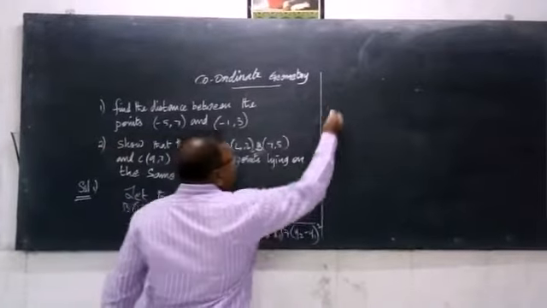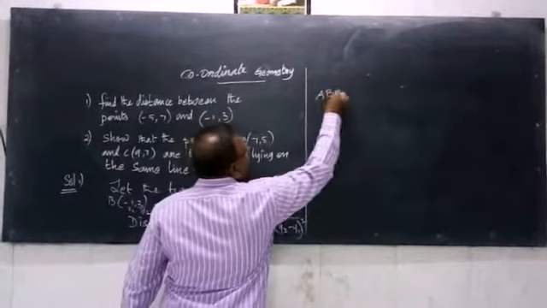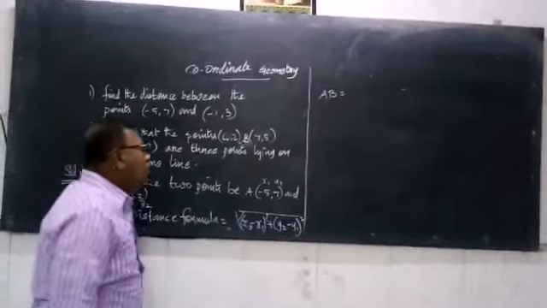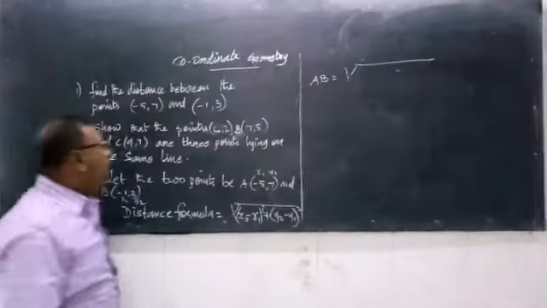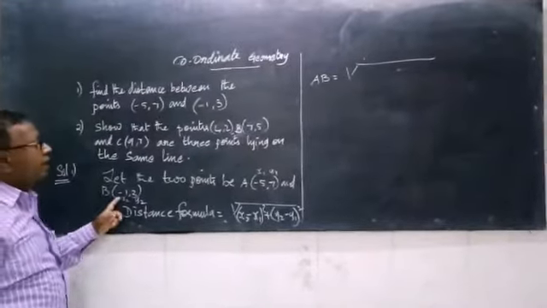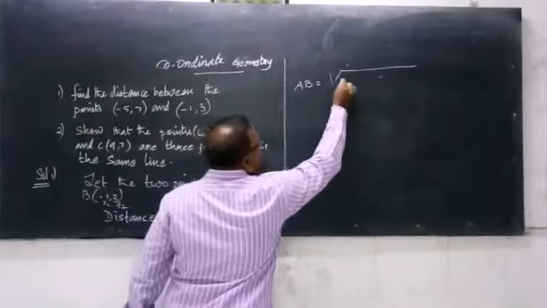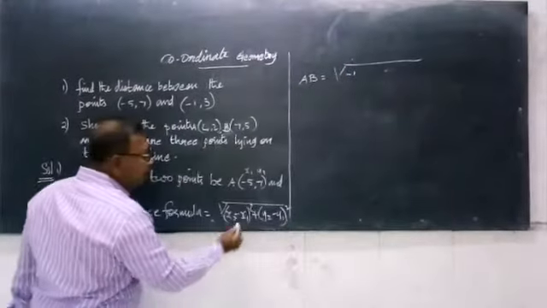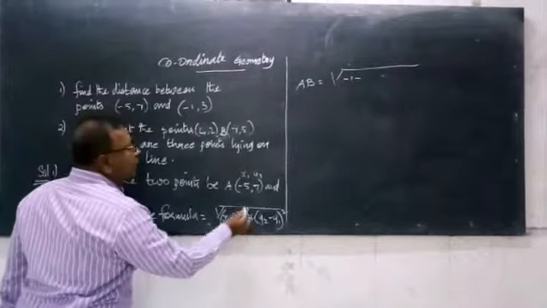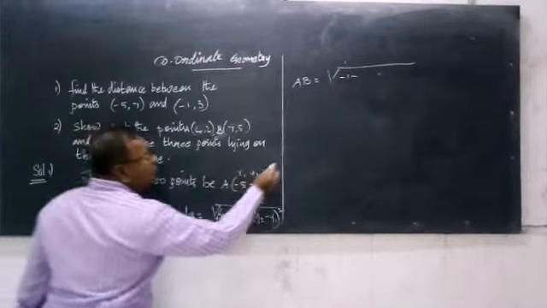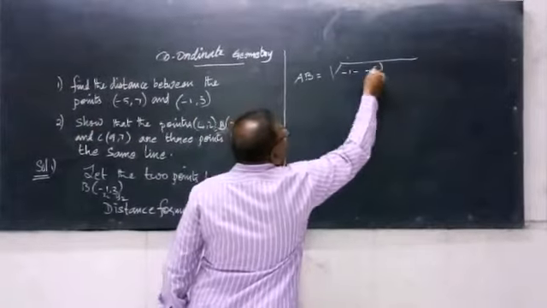So the distance between the points A and B is equal to root of, you see here, now x2. What is x2? Minus 1. x2 is minus 1. Again here it is minus, so minus x1. x1 is minus 5, again minus 5.